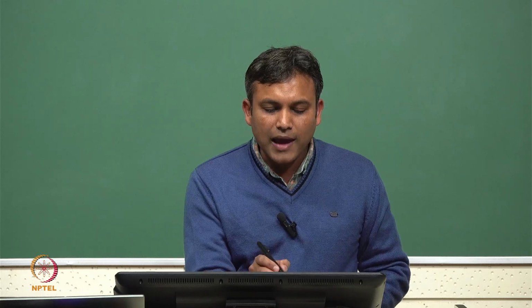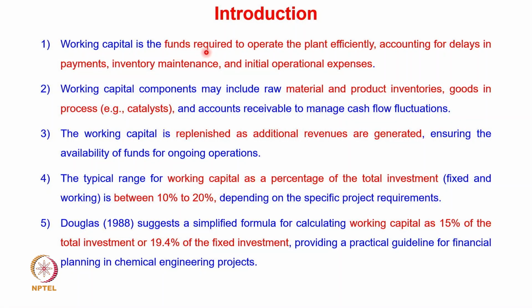When we talk about the working capital cost, it involves the funds required to operate the plant efficiently. These account for the delays in payments, inventory maintenance, and other operational expenses. So you can see that typically the working capital components may include raw material and product inventories, goods in process, and accounts receivable to manage cash flow fluctuations.